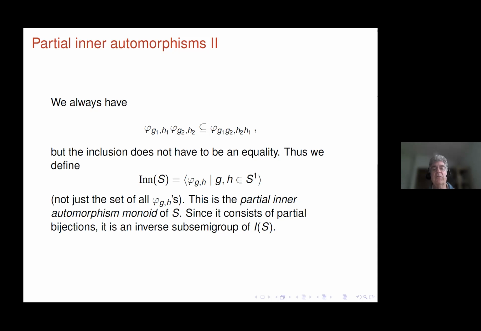So just to highlight what's going on here, we've started with an arbitrary semigroup which may have no special structure other than just being a semigroup, and we have associated to it an inverse semigroup of partial interautomorphisms mapping subsemigroups to other subsemigroups.